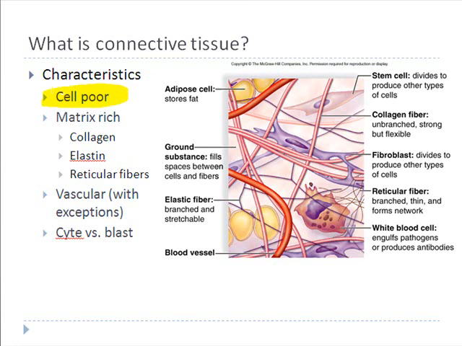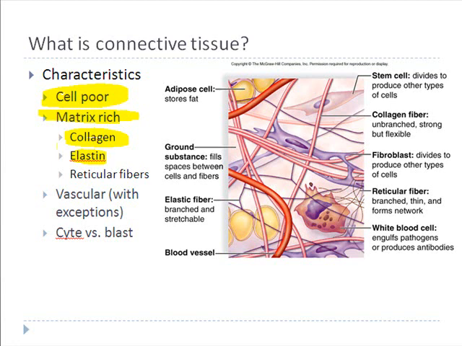And that cell poor nature means that we've got to have something else that fills up the majority of the space. If I don't have a lot of cells, well, what do I have? The answer is you have this thing called a matrix. Connective tissue is always made up of cells and a matrix that surrounds the cells. That matrix is manufactured by the cells, and it can include such things as collagen fibers, which are protein fibers that lend strength to the connective tissue.